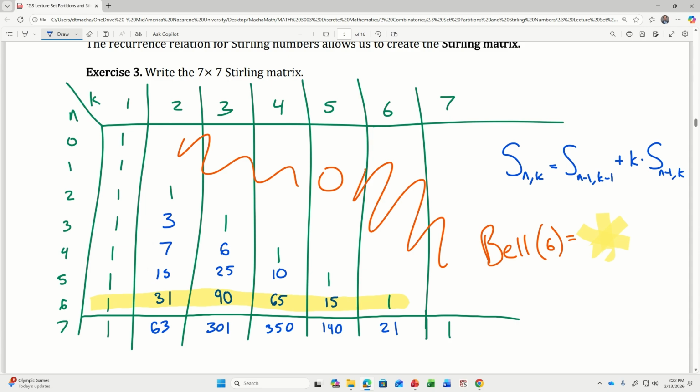The one thing I'll say is, we had a matrix like this for the binomial coefficients, where the rows were n's and the columns were k's, and we had n choose k in each entry. And there was also a recurrence relation for the binomial coefficients.